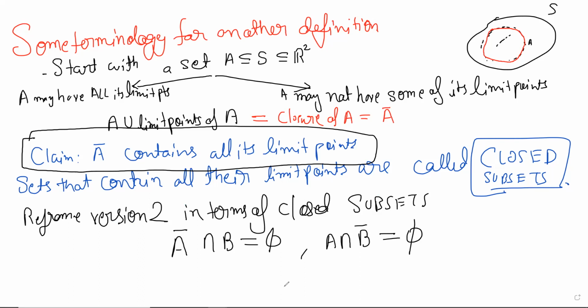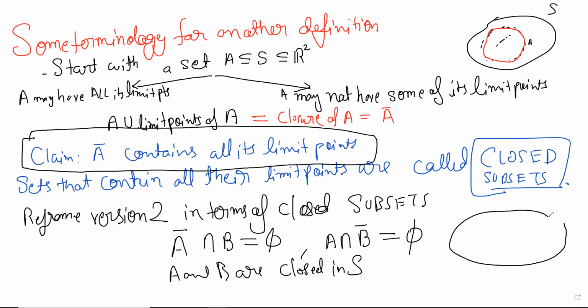Okay, so what does it mean? It basically means that A and B are closed in S. You see, if you have this set S, and you have broken it up like this, and this is your A and this is your B, and A has limit points.